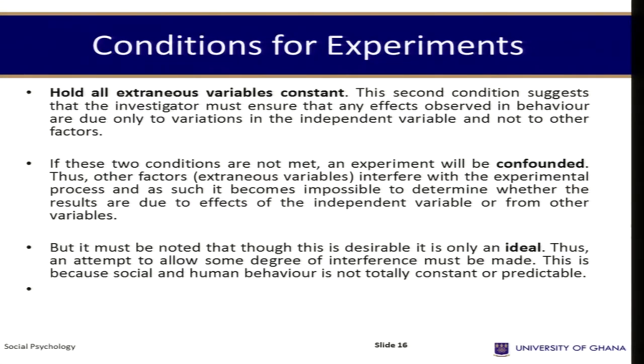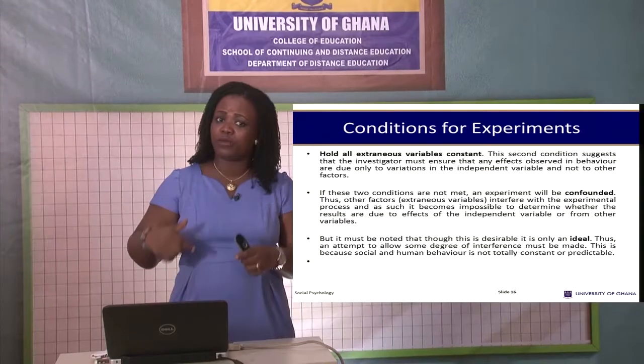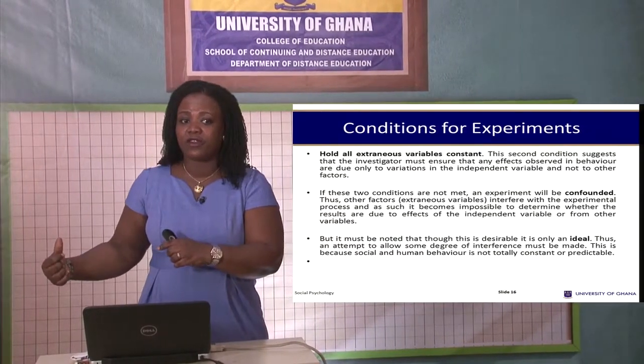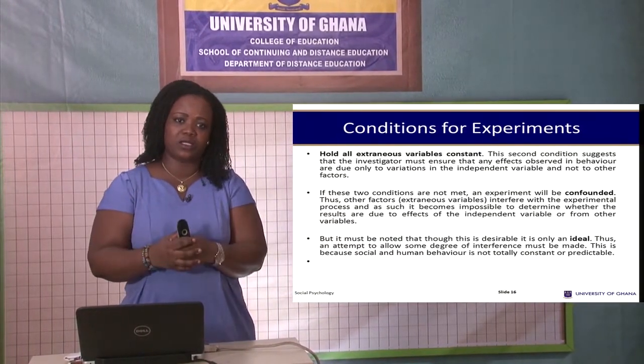Or even if they have already taken in some alcohol, imagine you doing an experiment and saying, I'm going to give 300 ml of alcohol, but the participant had already come in having already taken 200 ml. That person has excess alcohol in the system already. And so that 200 he took before coming in is an extraneous variable interfering with the process.